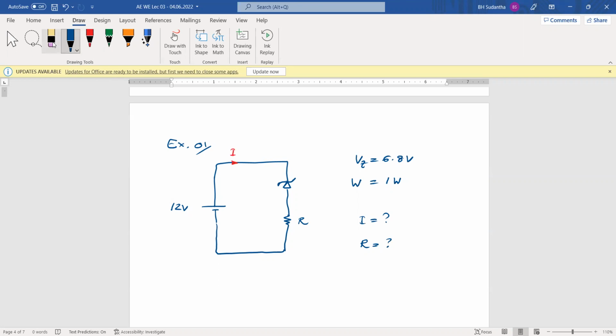Let me make a small change here. You can put a resistor here. Can you do this calculation?